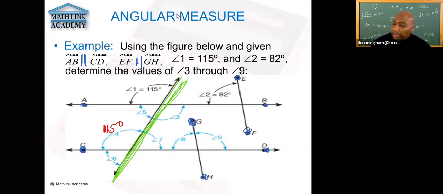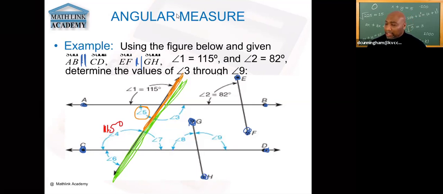Now, also, let's look here. If I know angle 1 is 115 degrees, I also can figure out, in a different color, angle 5. So everybody look where angle 5 is located. I'm going to use orange in this case. Here's angle 5. Now notice angle 1 and angle 5 form a straight line. Remember, a straight line is how many degrees? 180 degrees.